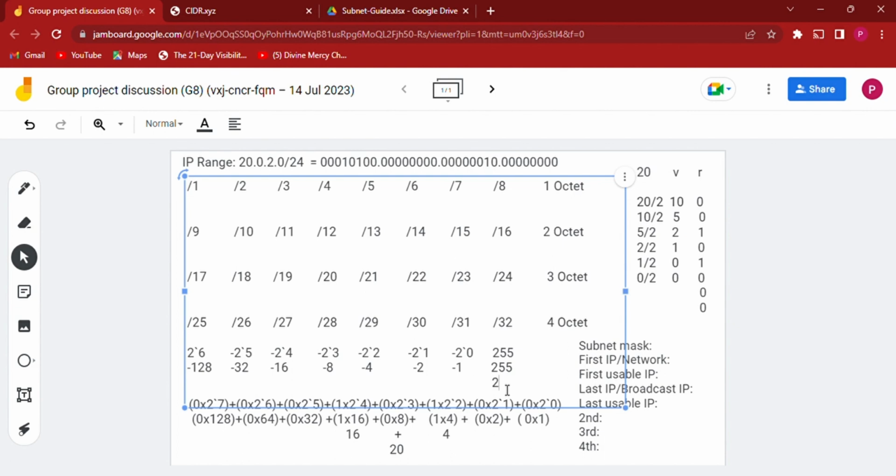So here is 255. Now here is 255 minus 2 raised to the power 0, which is minus 1. So it will give you 254. Then 2 raised to the power 1 will give you 2. So 254 minus 2 will give you 252.